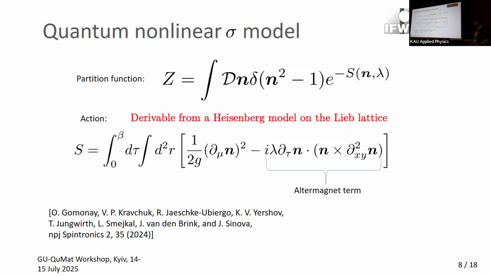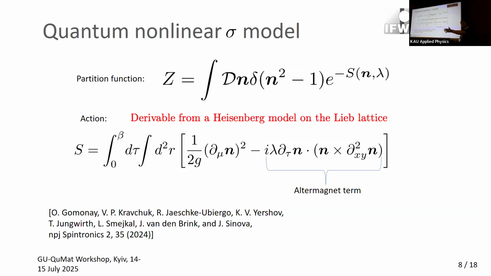You compute the quantum fluctuations of this system, with the constraint implemented in terms of this delta function in functional space. Now, this is a quite difficult problem already in the absence of the altermagnetic term. So I will show you only the spin wave theory here and some very simple renormalization group analysis for this part of the talk.